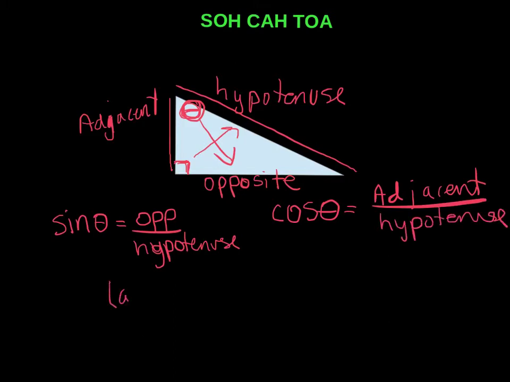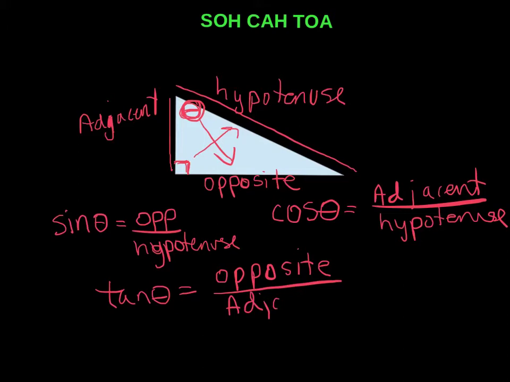And tangent, tan theta, gets used when we have the opposite and the adjacent side. So it depends what information we have.